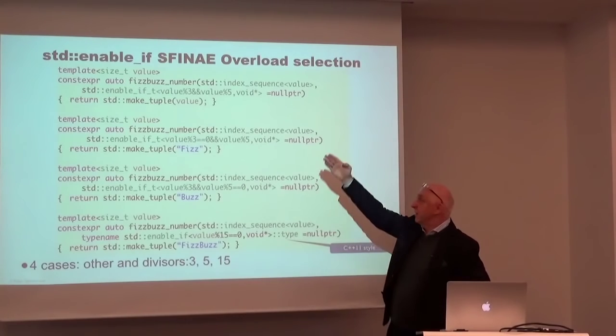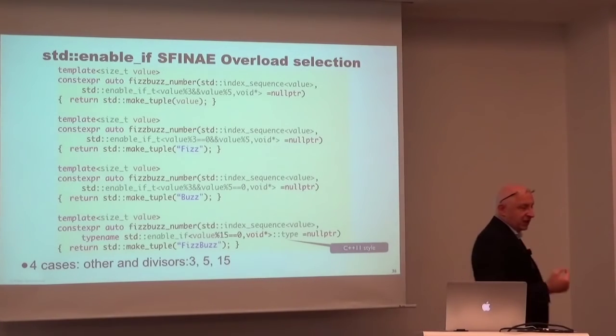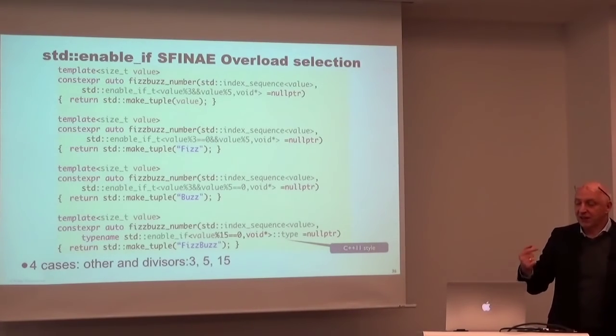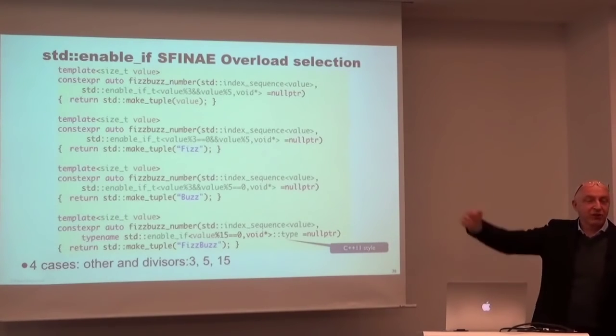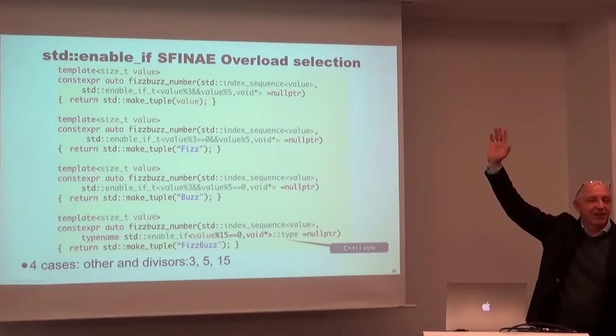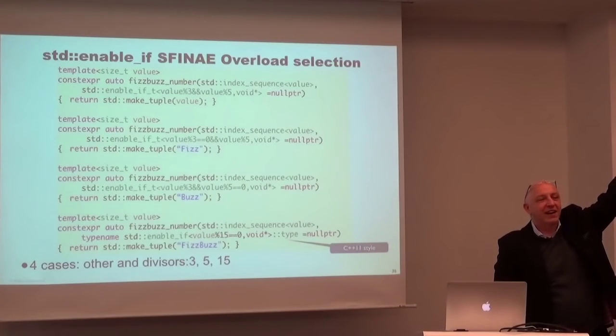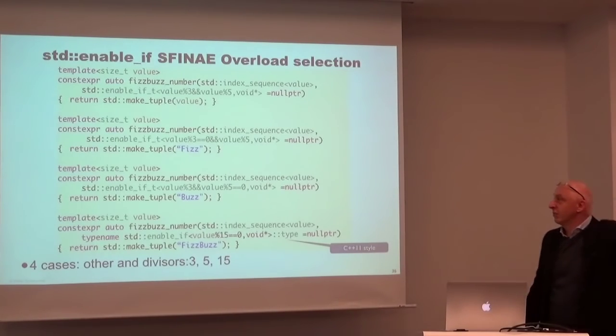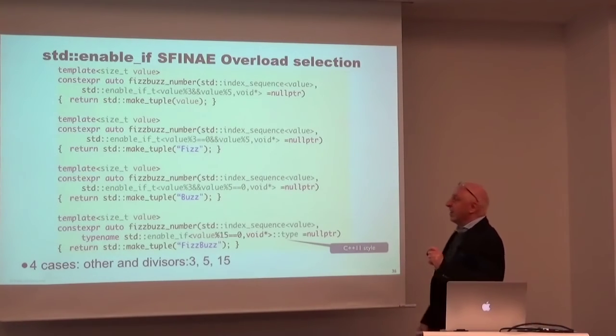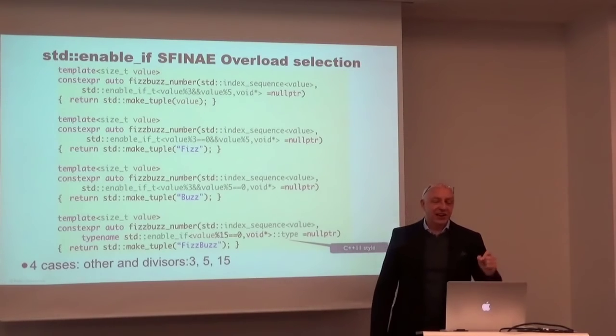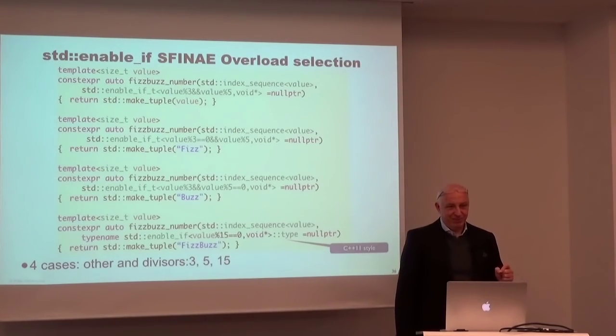But because our fizz-buzz number is a template function, we have a thing called SFINAE. Who knows what SFINAE stands for? Who has never heard of SFINAE? Oh, only very few. SFINAE stands for substitution failure is not an error.